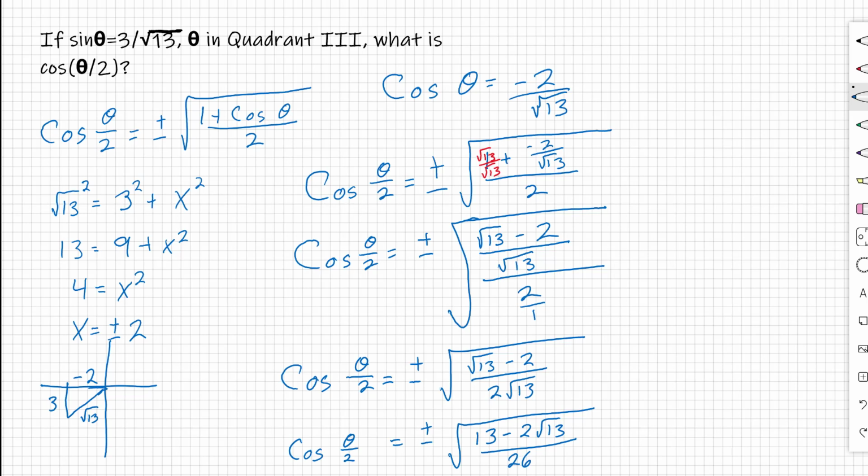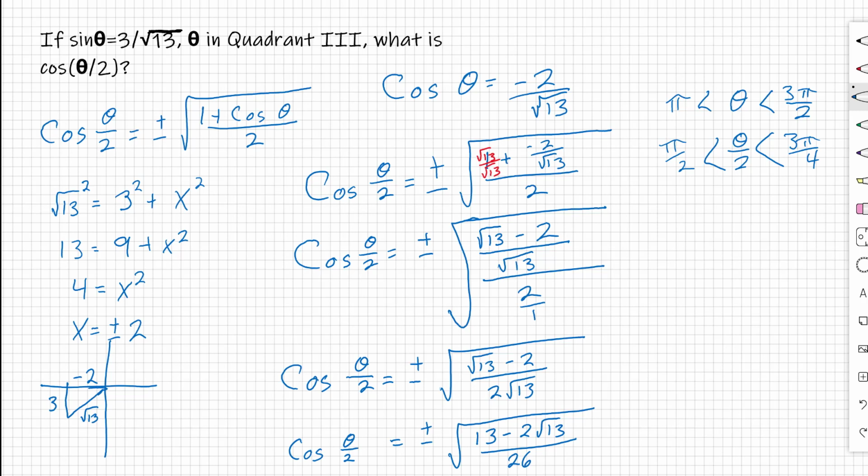Thinking back, if theta is in quadrant 3, in other words, theta is between pi and 3 pi over 2, then that would mean that theta over 2 is between pi over 2 and 3 pi over 4.